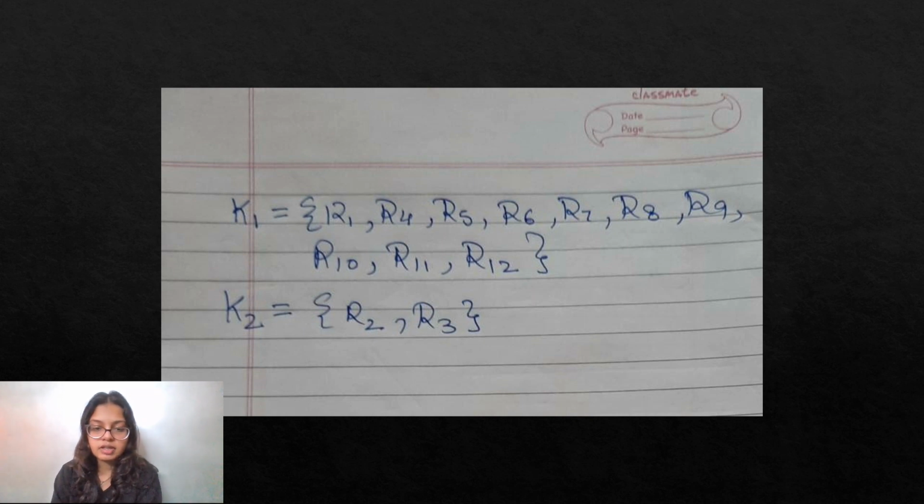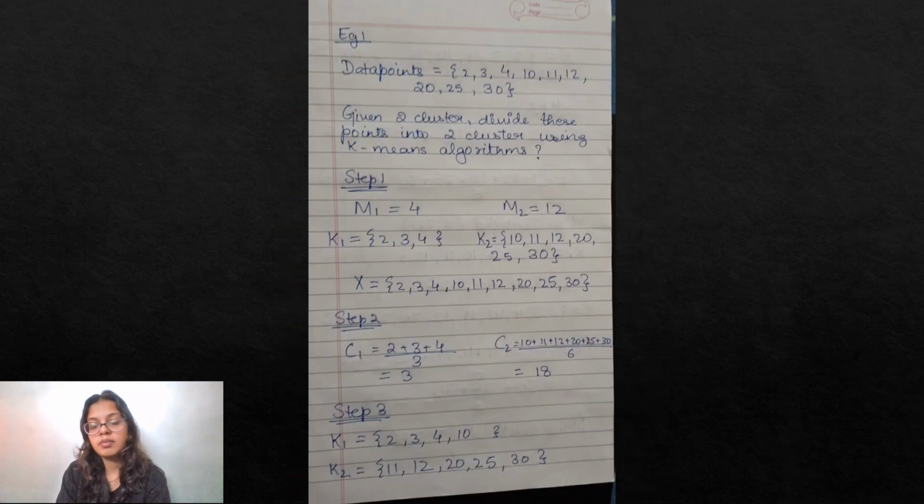Then we did it again with R5, and the final cluster data points that we get after doing it are: K1 will be R1, R4, R5, R6, R7, R8, R9, R10, R11, R12. And for K2 we got R2, R3. So I'll show you once again both the questions.